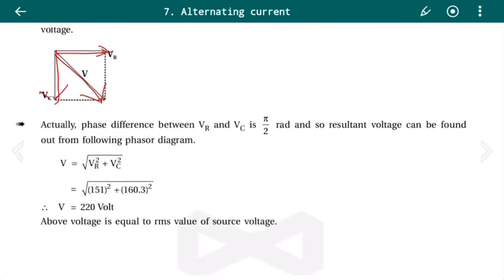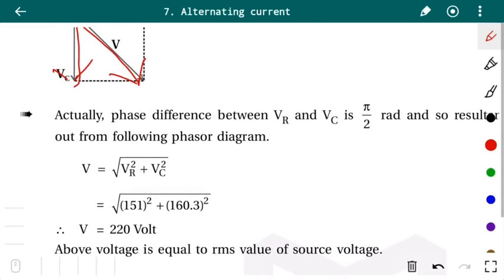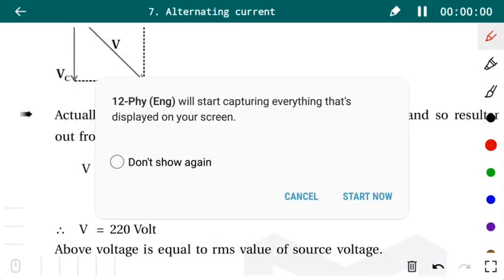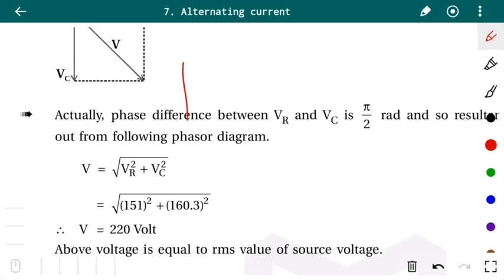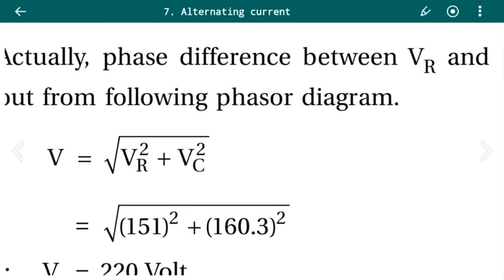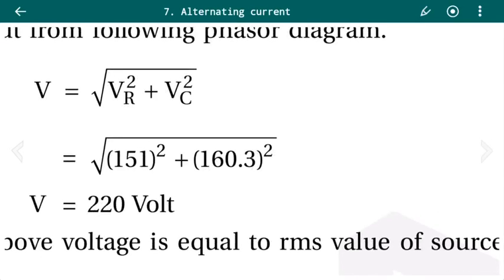From this we can apply the formula: V equals the square root of x component squared plus y component squared. Here instead of the x component we have VR, and along the y we have VC. So V equals under root VR square plus VC square.